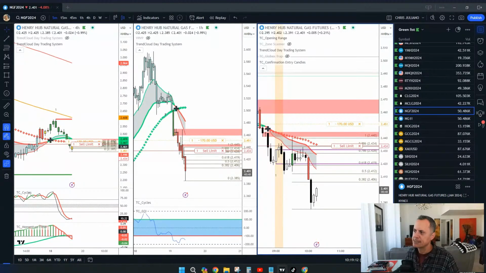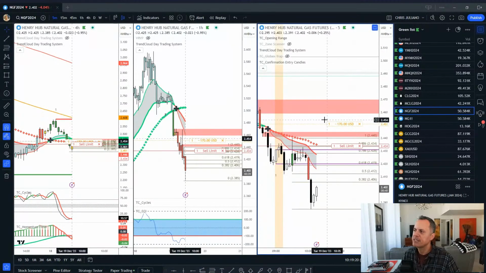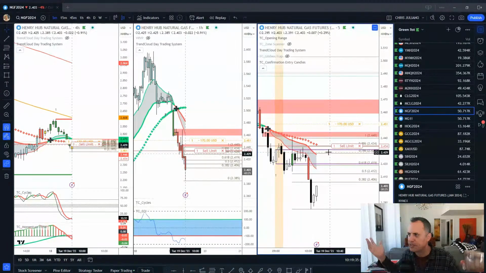But unfortunately, that's what you have to deal with. So I would rather deal with the stress of wondering, is it going to pull back into this zone, than, I just made a bunch of money and I got stopped out. There's plenty of trades to find. Don't worry about that.